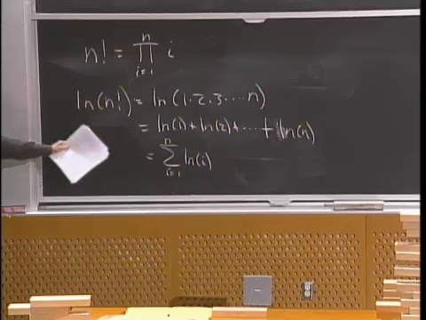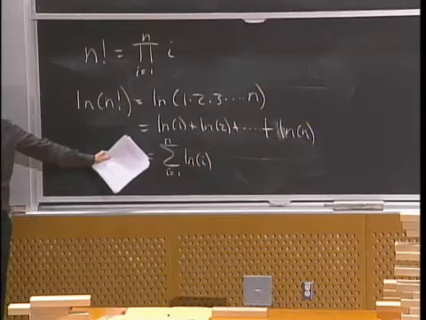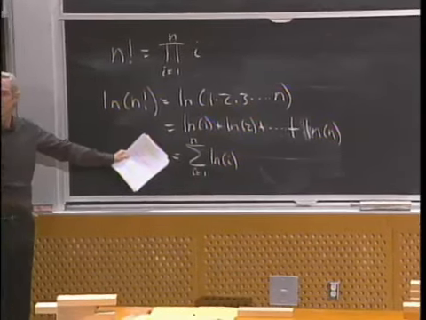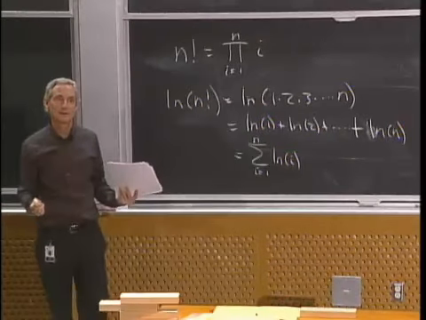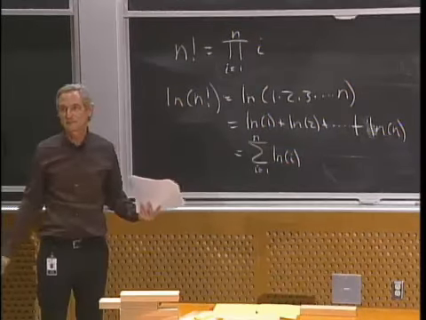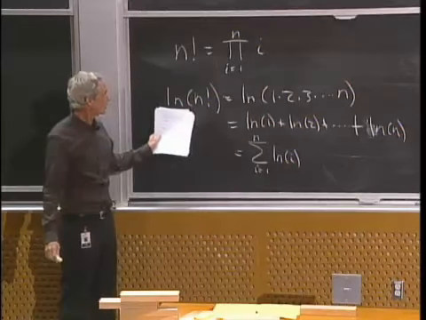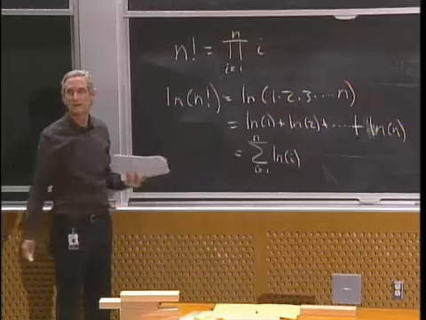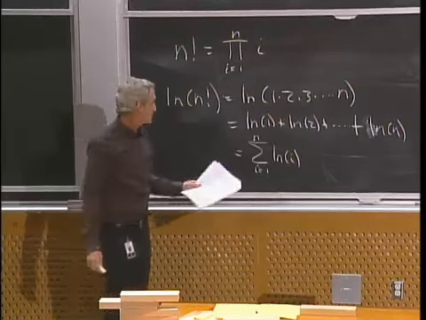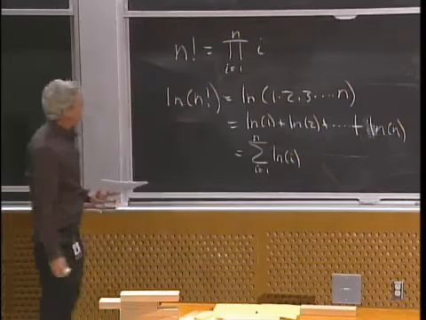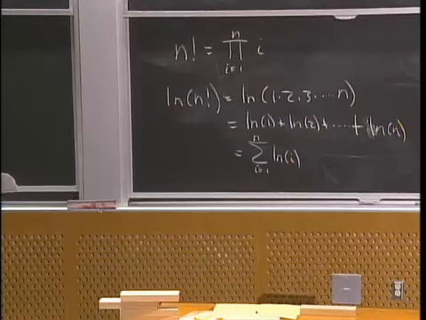And now that I've got a sum, we can use all the tools we had for sums. So really, products look hairy, but they're no different than sums, because we're going to get an approximation or get an answer for log of n factorial, then we'll exponentiate it and we'll have the answer. All right, so we're looking at this sum, and so how do I get a closed form for that?